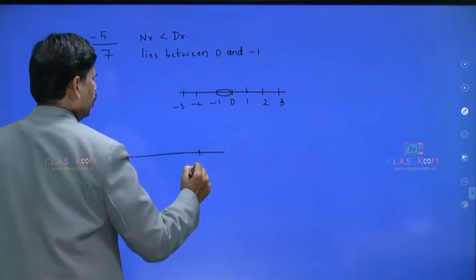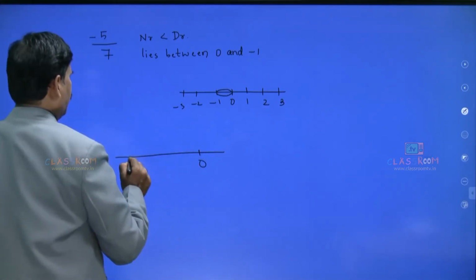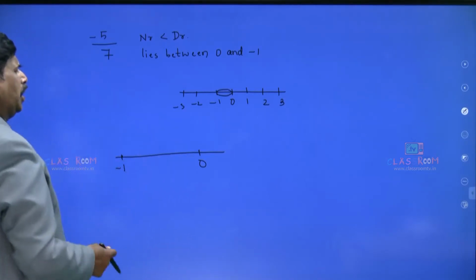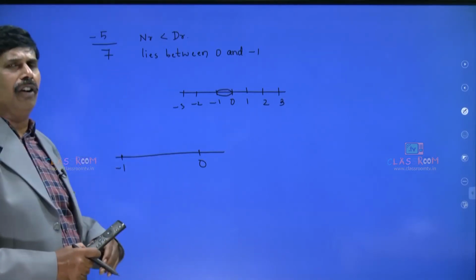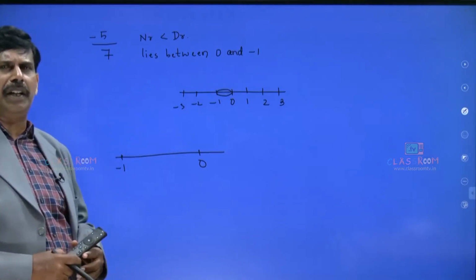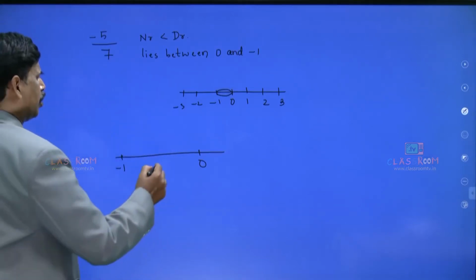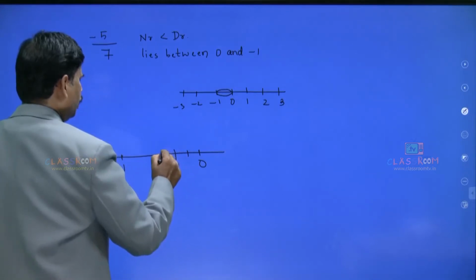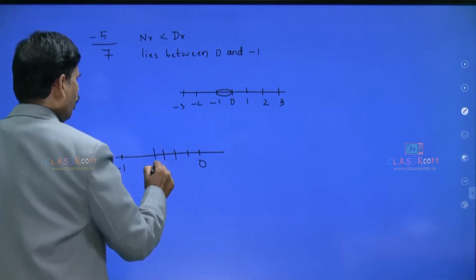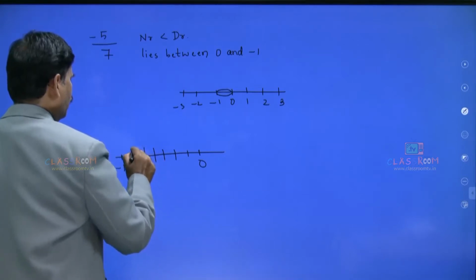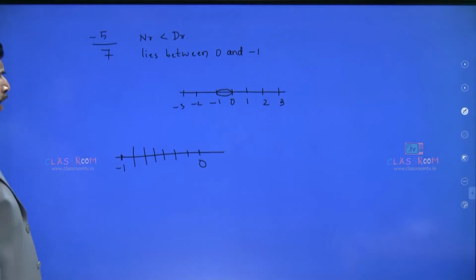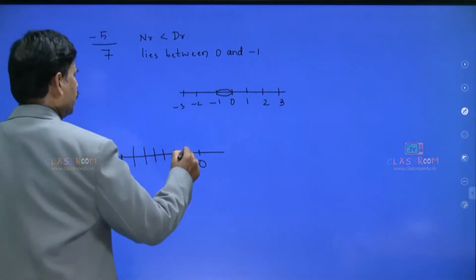Here this is 0, children, and here it is minus 1. This spacing should be divided into 7 equal parts, because our denominator is 7: 1, 2, 3, 4, 5, 6, 7.